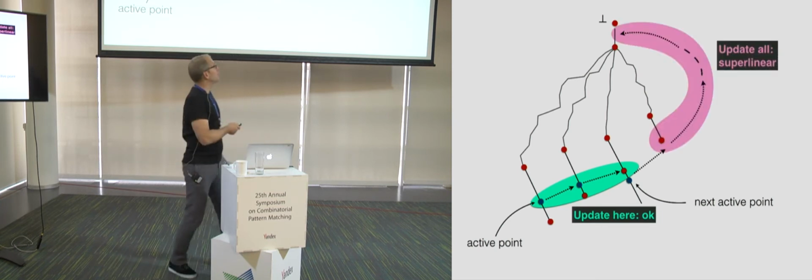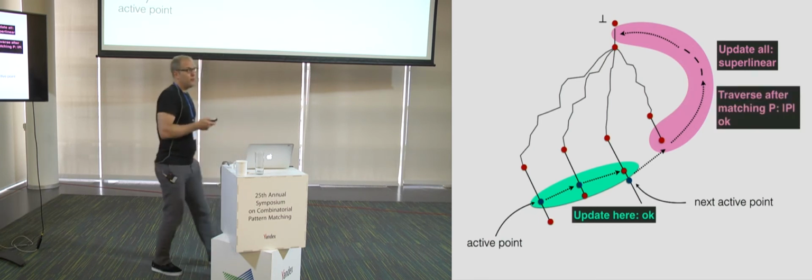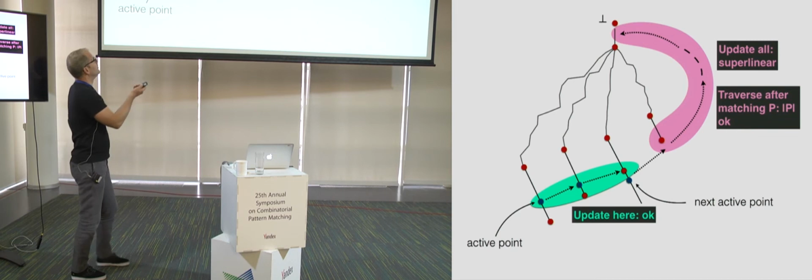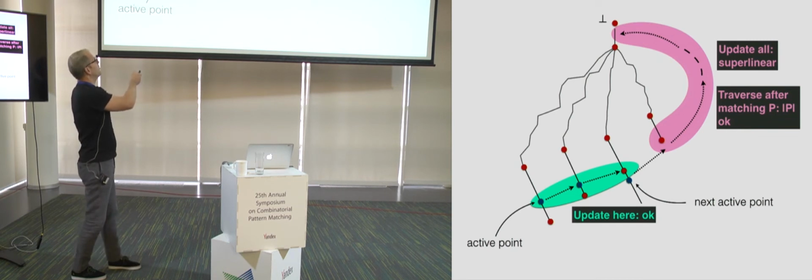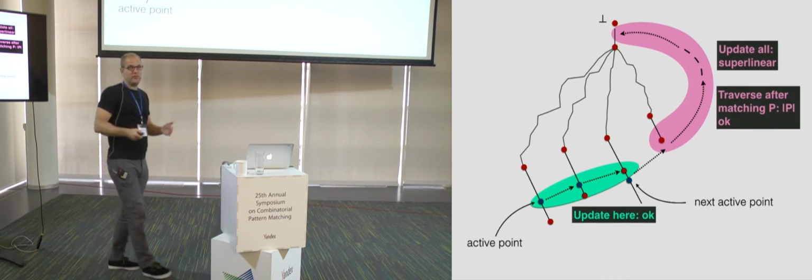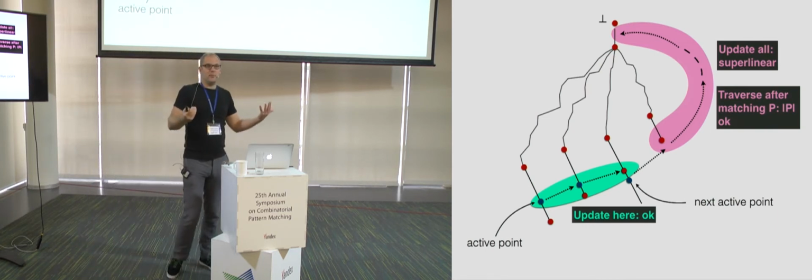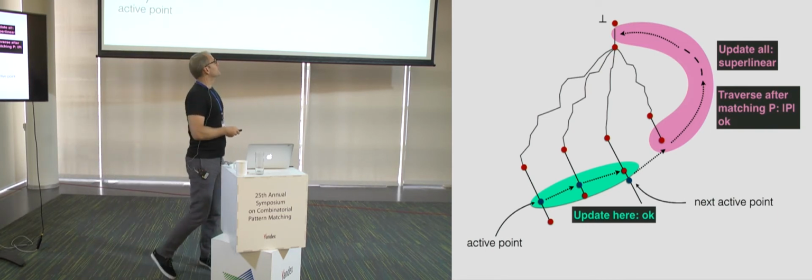We can, however, traverse this path when we're matching a string, because if we've matched a pattern p and gone down here, for instance, then we've already spent time proportional to the length of the string, and we can afford to move back up in the same time. So we can just add the same amount of time for going back up.